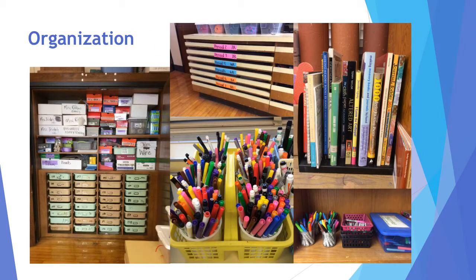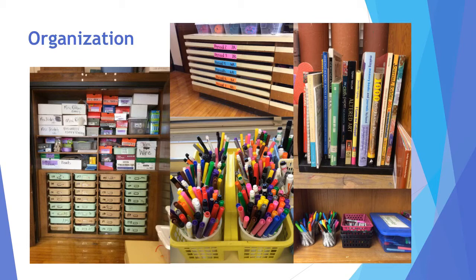So here are some photos of the organization in my classroom. Being organized is really important to my students' success, and it's also really important to my sanity. If my classroom wasn't organized, my students could not be independent. Organization was actually the first step that I took, after I began research, I should say, as I began implementing choice.